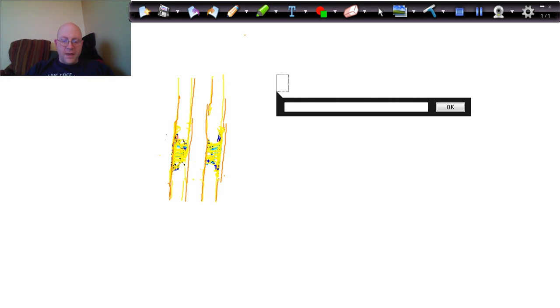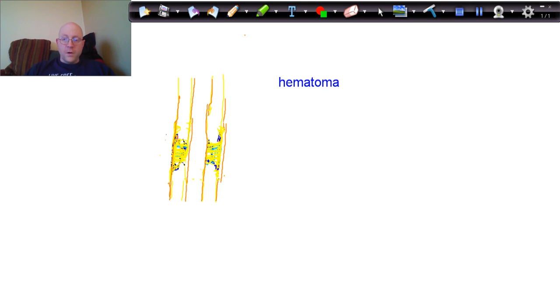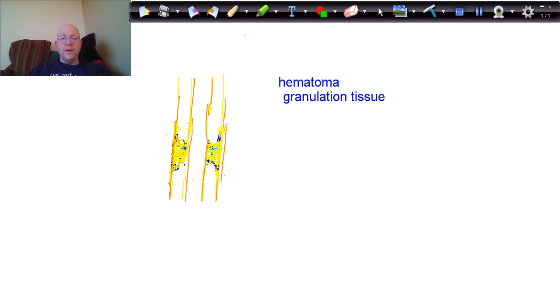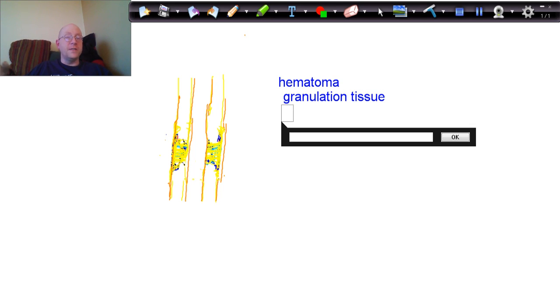You're going to first have the formation of a hematoma, followed by the turning of that hematoma into granulation tissue, which is mostly fibrous connective tissue plus clusters of cells like osteogenic cells, fibroblasts, and osteoclasts.